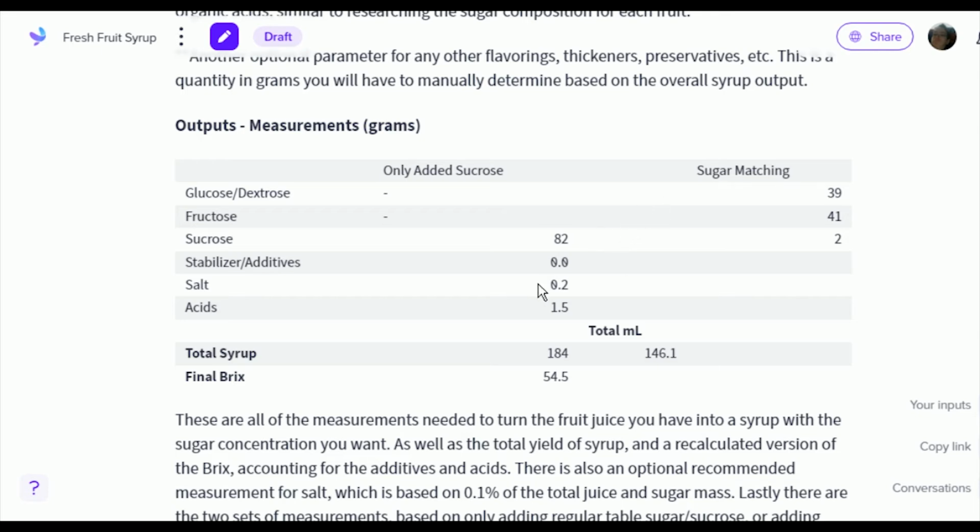And it's also suggesting a little bit of salt and acid levels based on, again, information you provide.